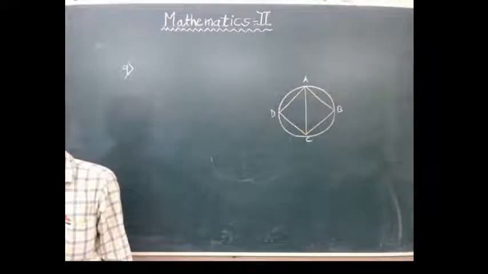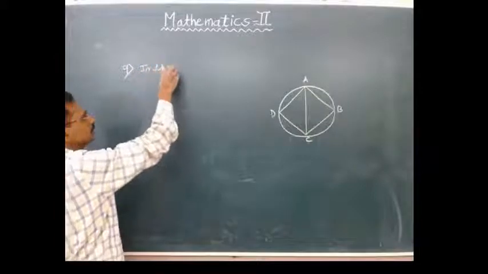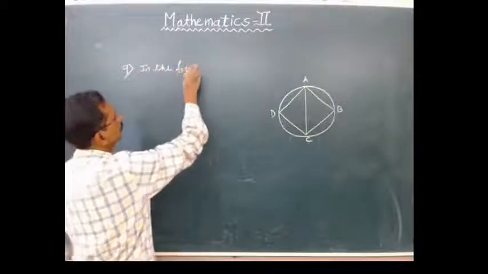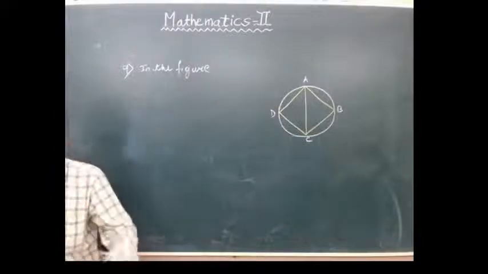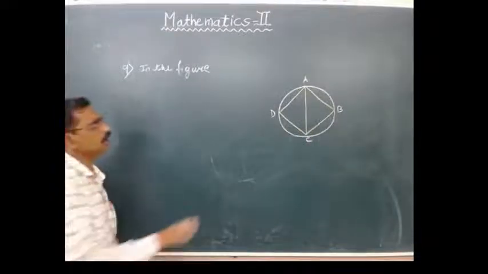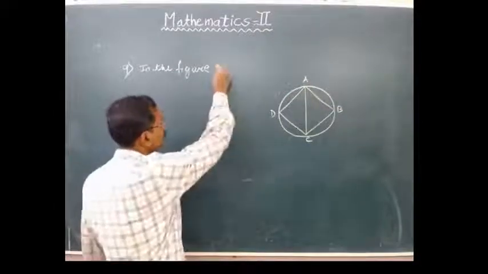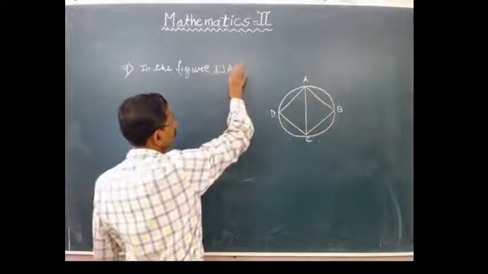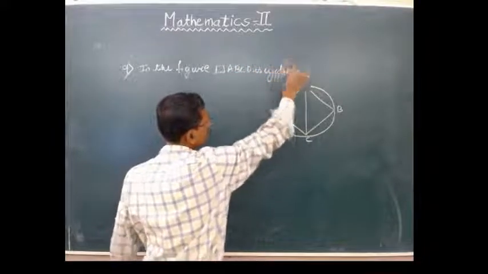A, B, C, D. I'll write the question. In the given figure, quadrilateral ABCD is cyclic.